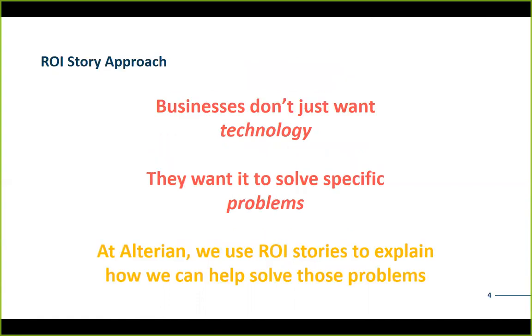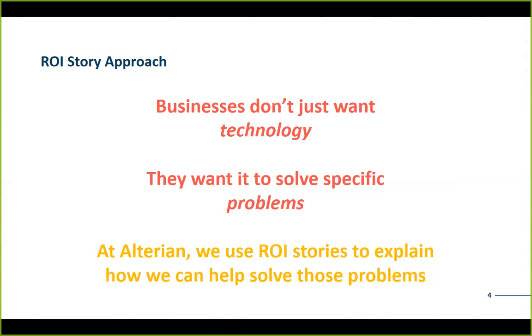So in terms of our ROI story approach that I mentioned, what we're very cognizant of at Alterian is that people don't just buy technology for technology's sake. They build it to solve business problems. And what we like to do is frame all our technology in the context of solving those problems for people. And the way we do that is by building out what we call ROI stories.